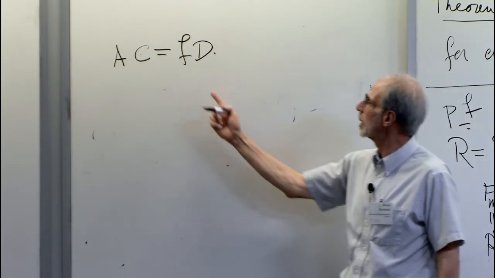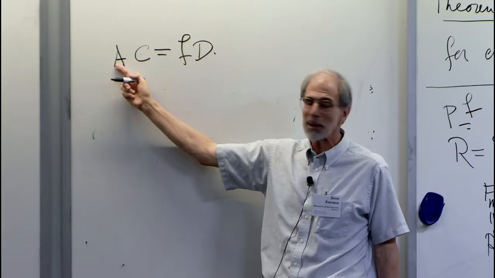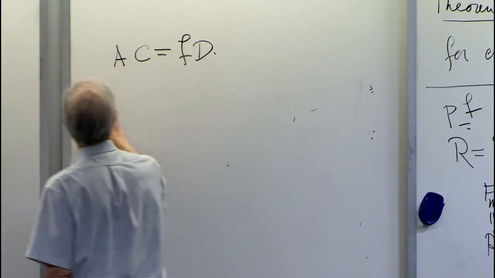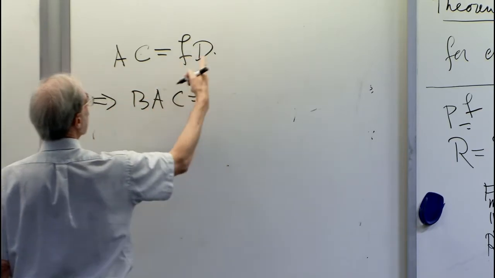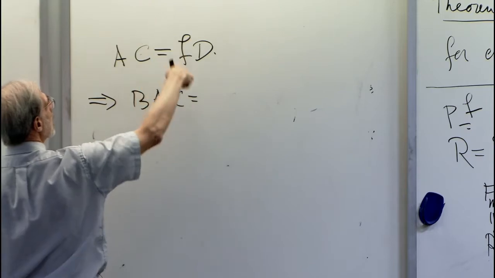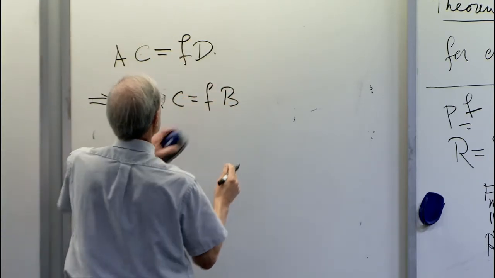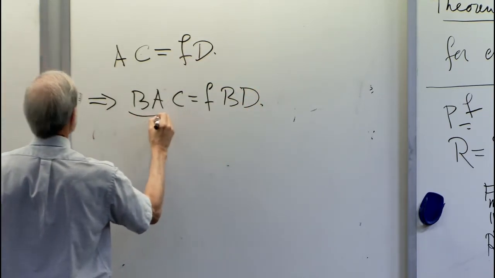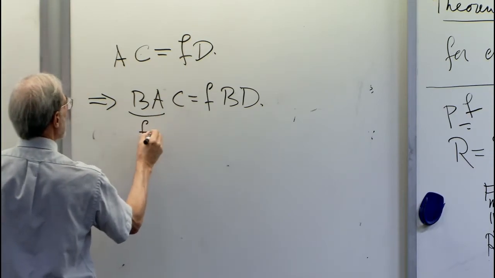It's annoying that I have an F on this side and not on that side. But I can fix that by multiplying everything by B on the left. So this implies that BAC equals BFD, but F is a scalar, so it commutes with everything. That's FBD. Now BA, that's a matrix factorization: AB and BA are both F times the identity.